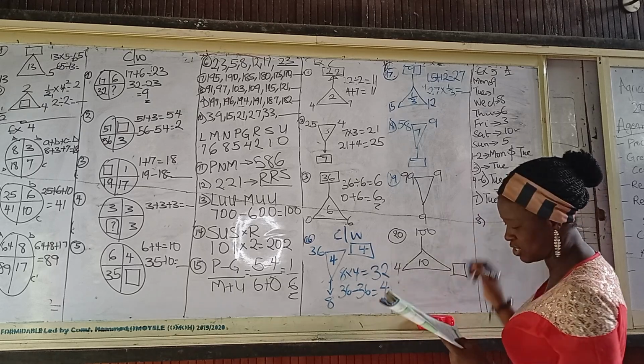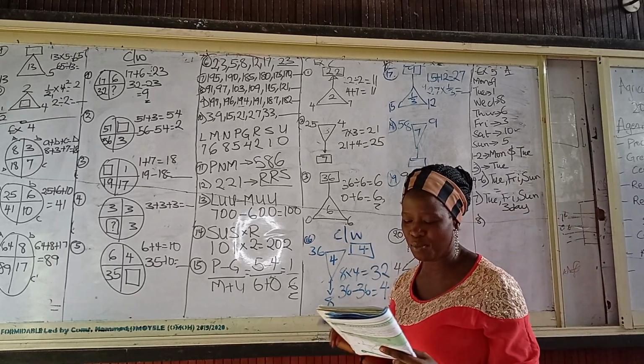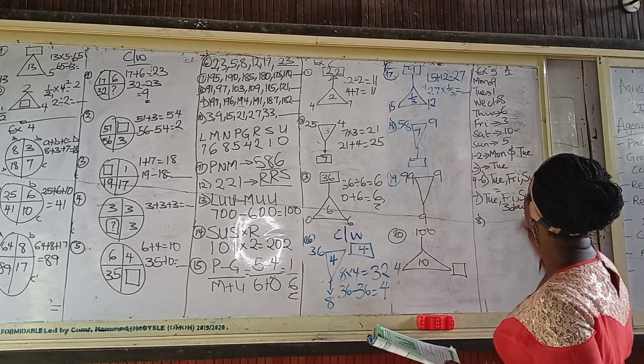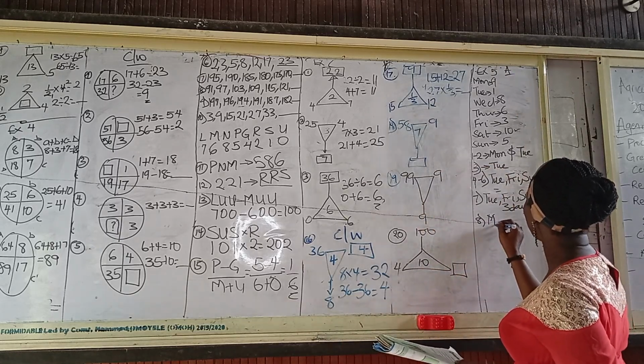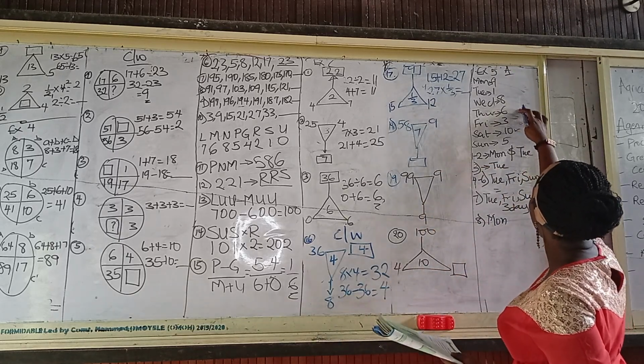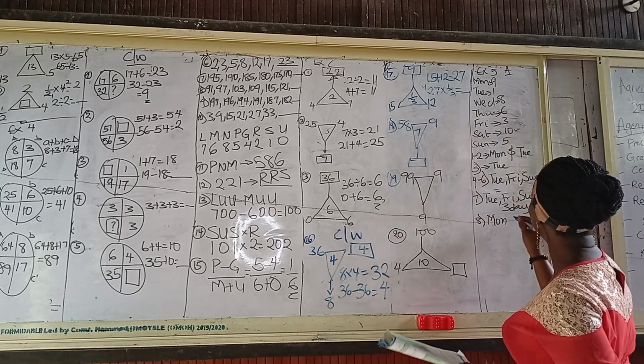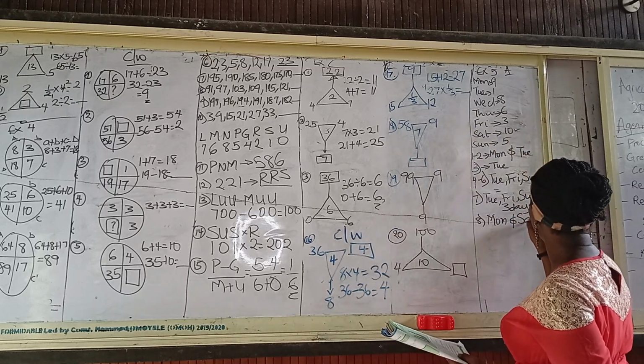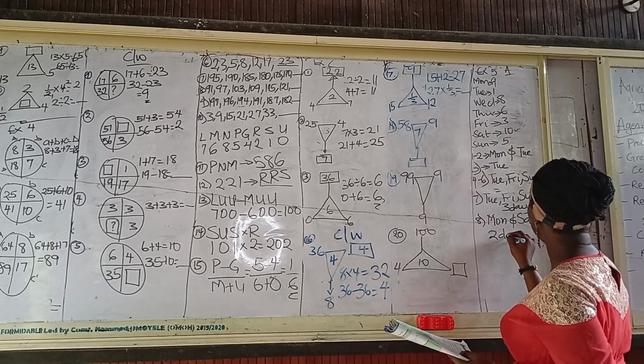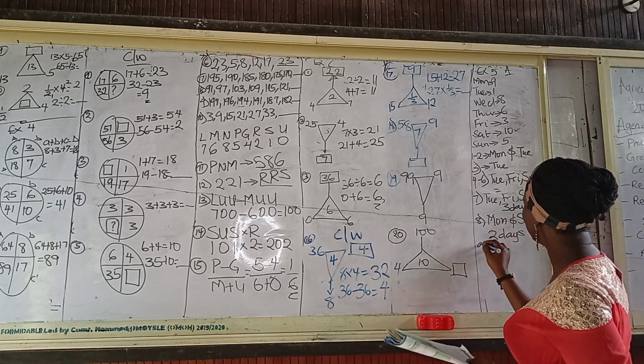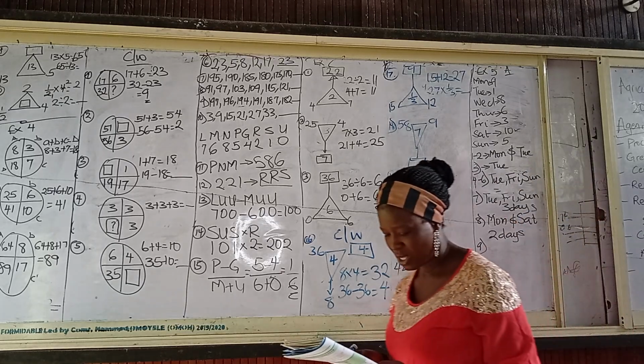Now to number 8 question. How many days had more than 8 hours? Monday had more than 8 hours. Monday, more than, not 8, but more than, and Saturday. So how many days? 2 days. They are asking for days. So now to number 9.